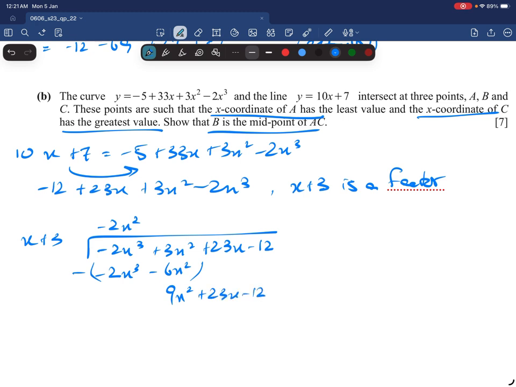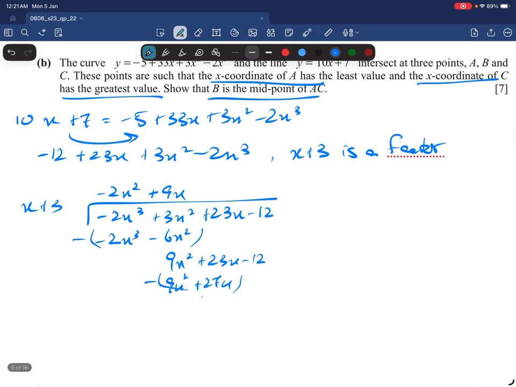Now, apart from that, we should multiply that by plus 9x. Yeah, 9x squared plus 27x. Subtract the 2, you get, let me see, minus 4x minus 12. That should be into, yeah, minus 4x minus 12. Remainder is 0.